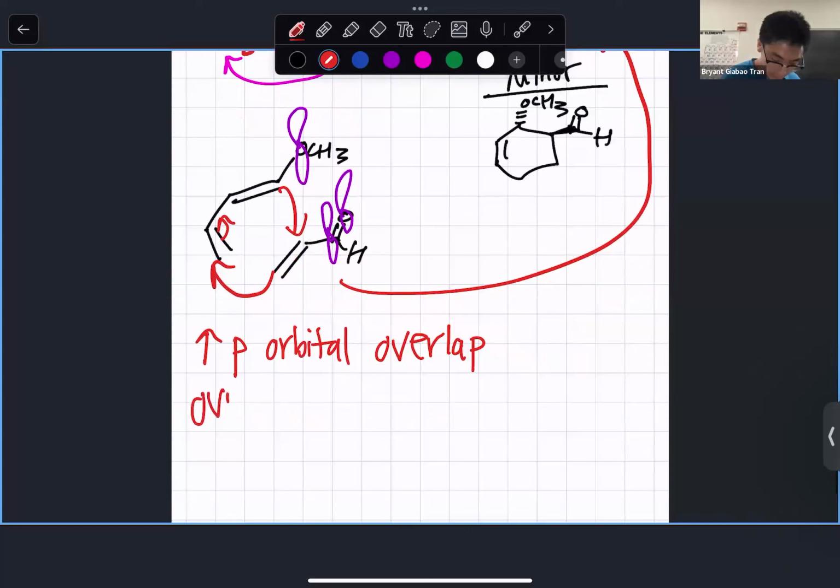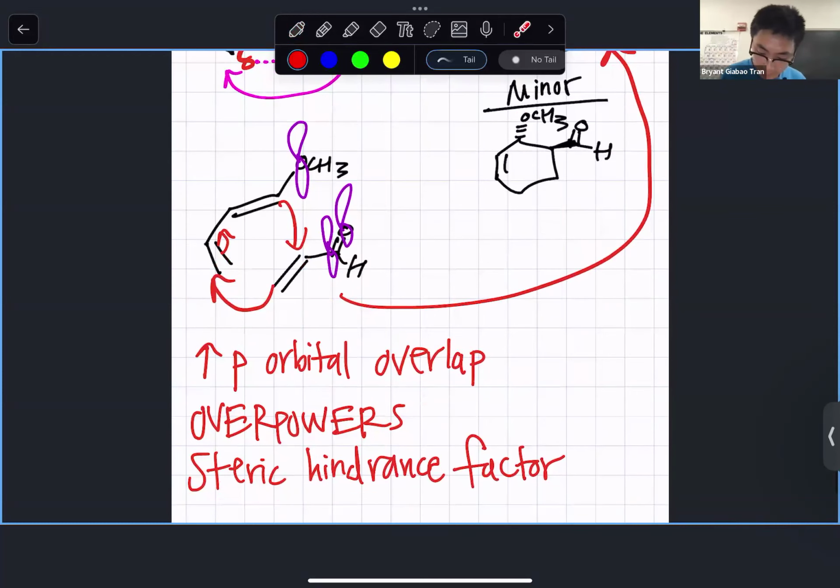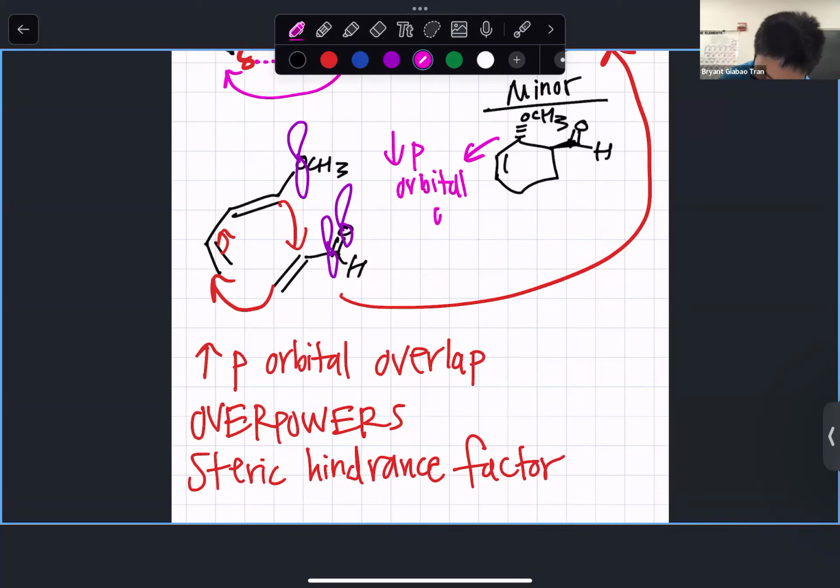Which overpowers the steric hindrance factor. Right. This one right here, since the groups are opposite from each other, they have less p orbital overlap.